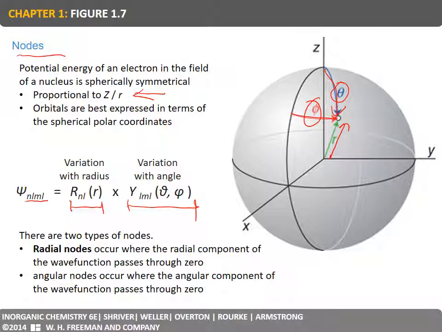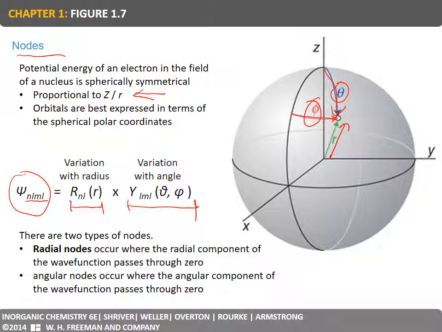And if we look at it from this perspective, it is obvious that there are areas, or positions, I should say, in which the wave function passes through zero, right?